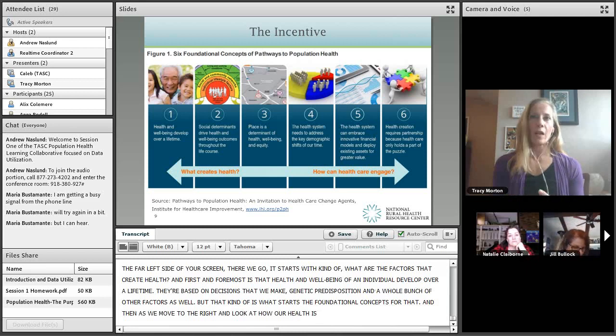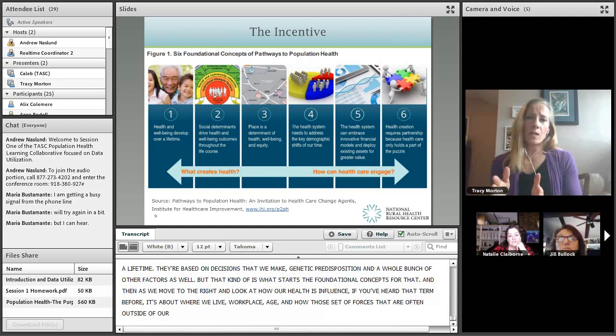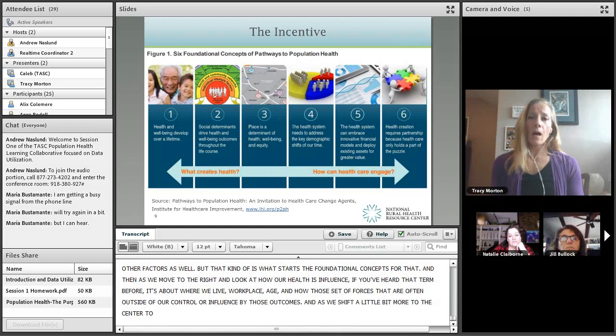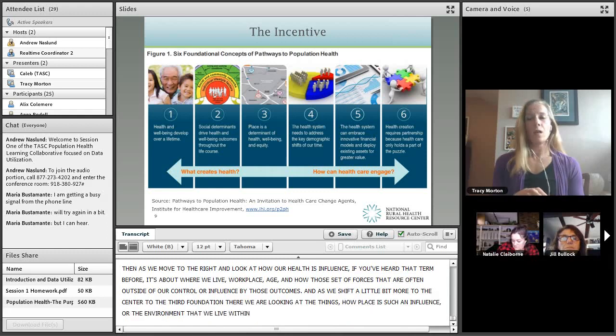If we look at the far left side of your screen, it starts with what are the factors that create health. First and foremost, the health and well-being of an individual develop over a lifetime. They're based on decisions that we make, genetic predisposition, and a whole bunch of other factors as well. But that is what starts as the foundational concept.